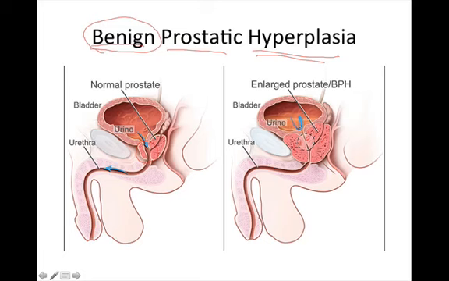But the problem is they're going to have difficulty voiding the urine. They could be ready to go, but it can be very difficult for the urine to even start coming out. So there's a delay in the elimination of urine. Also, a lot of times there could be a lot of stopping and starting of the flow of urine during urination in this situation.